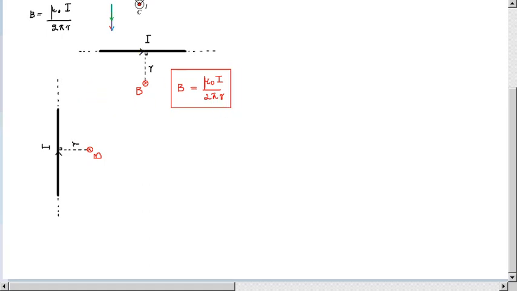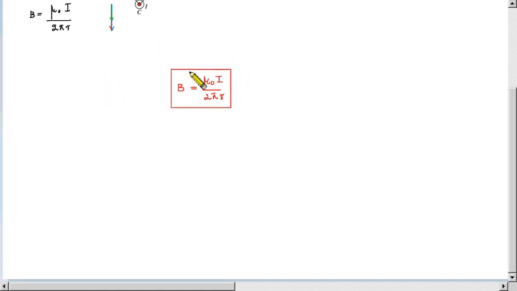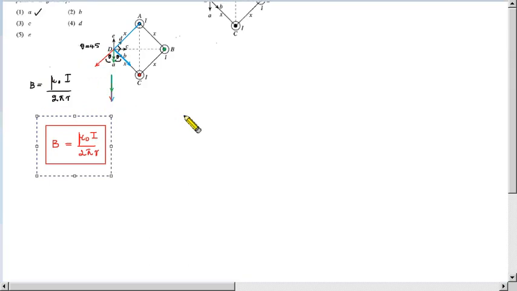So the equation is this one. You don't have to derive it, you have to keep it in your mind. By heart you should be able to write this equation.